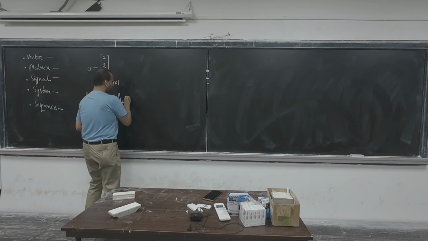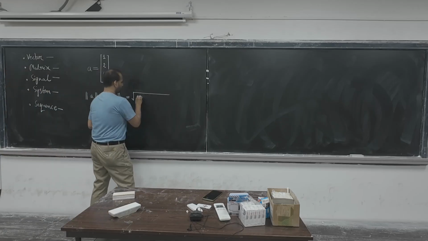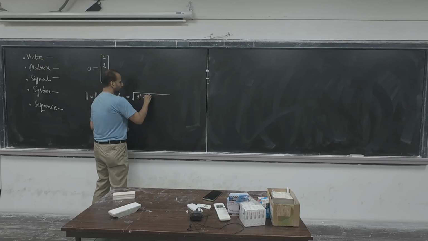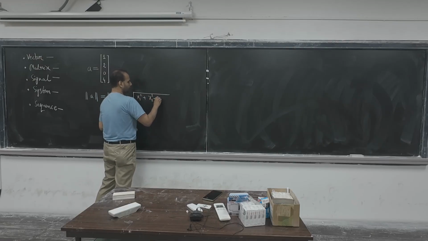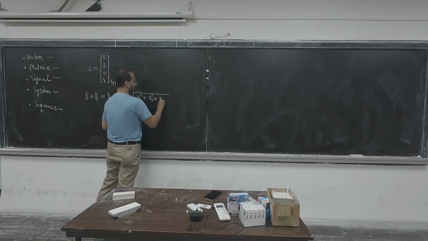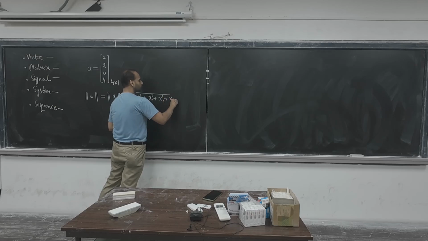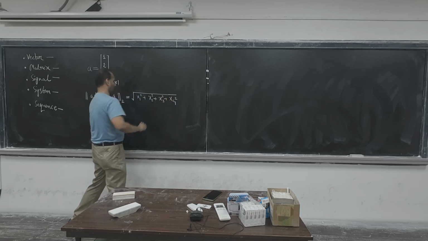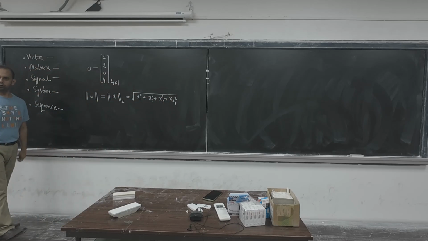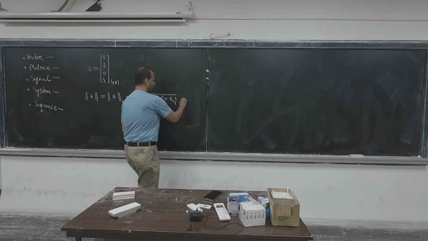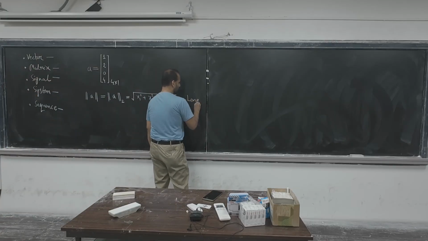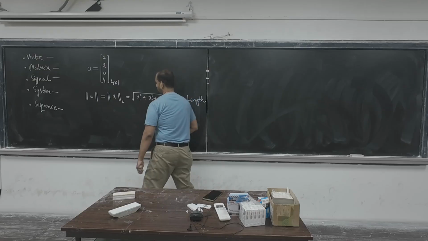So that is going to be the square root of x1 square plus x2 square plus x3 square plus x4 square. This is the standard 2 norm, or exactly the length. We don't have any doubt about it.